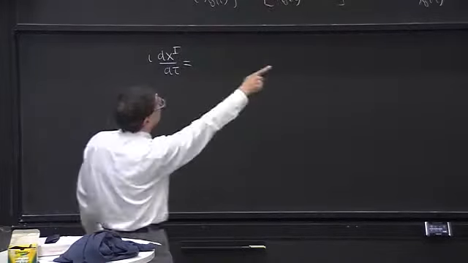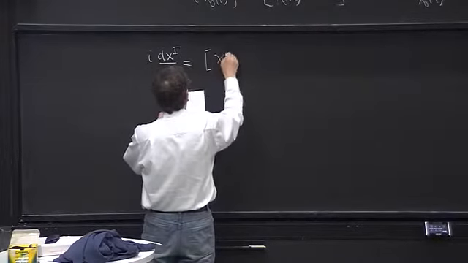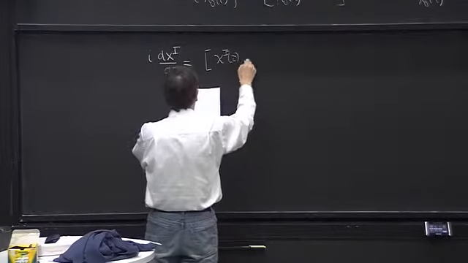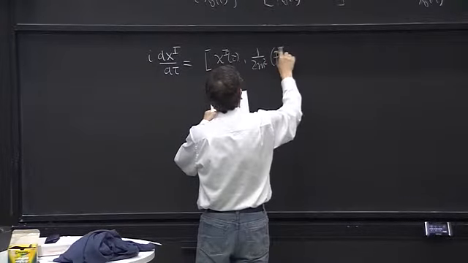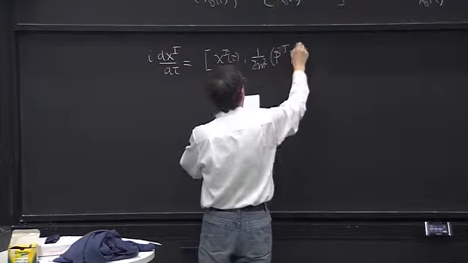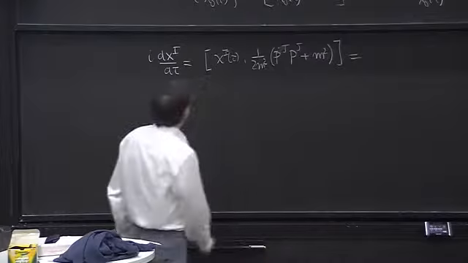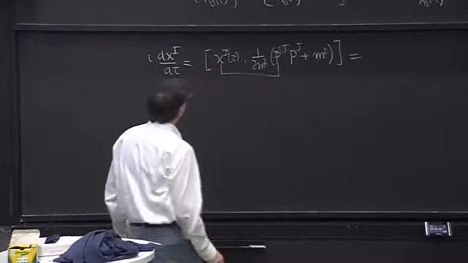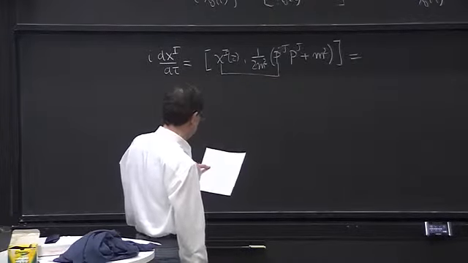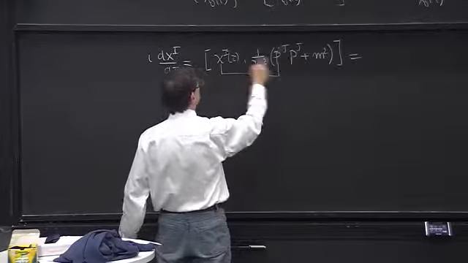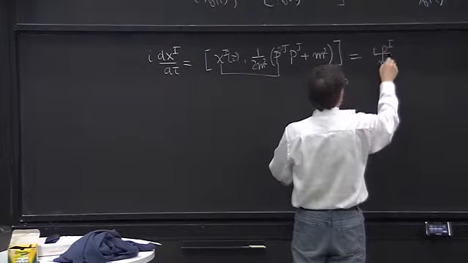So this should be equal to the commutator of xi of tau with 1 over 2 m squared, pj pj plus m squared. That's the Hamiltonian. Now, xi with pj is a non-trivial commutator, and that gives you an i. So there are 2 of those, and there's a 2 here. So you get i pi over m squared.